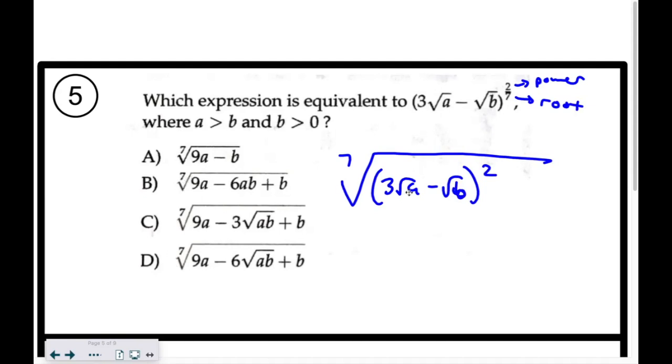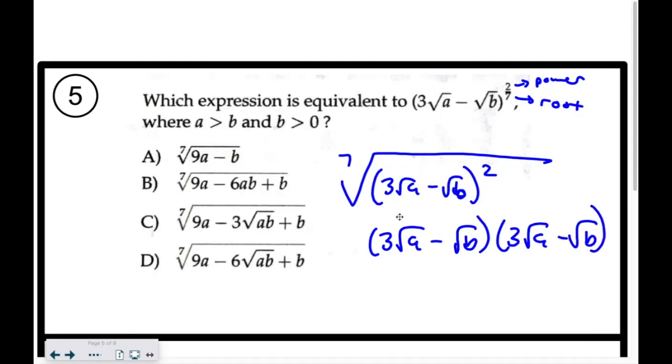I need to figure out what 3 root a minus root b squared is. Well, that's just 3 root a minus root b times 3 root a minus root b. And I'm going to do FOIL. So this ends up being 3 times 3 is 9. Root a times root a is a. So I get 9a. Let's remember it is the seventh root of all this.